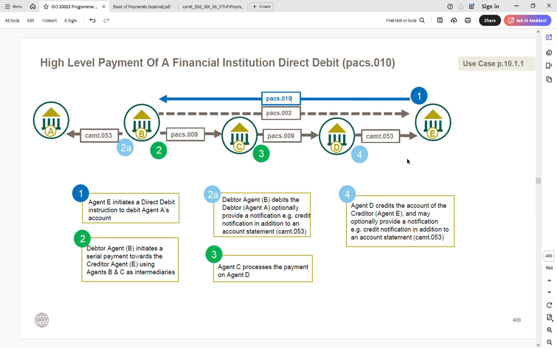So for example, just keep E as Lina, and A as Anu. Lina is asking Anu, can you transfer me 100 euros as a request, full payment, direct debit every month on a particular date. Okay, like this the agreement is signed between them.